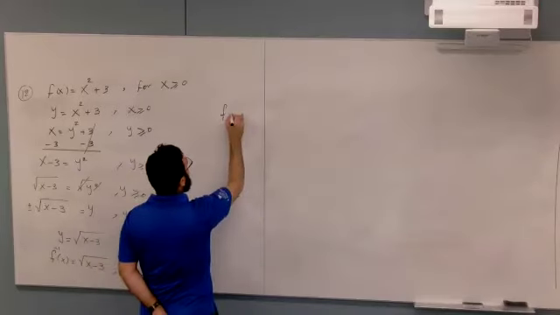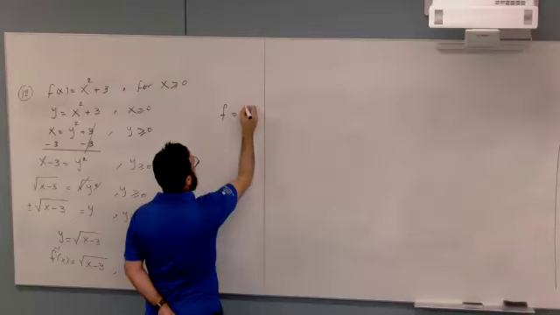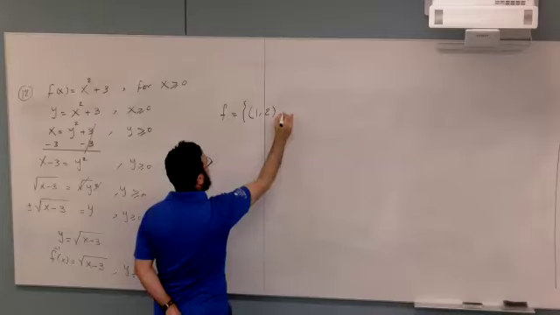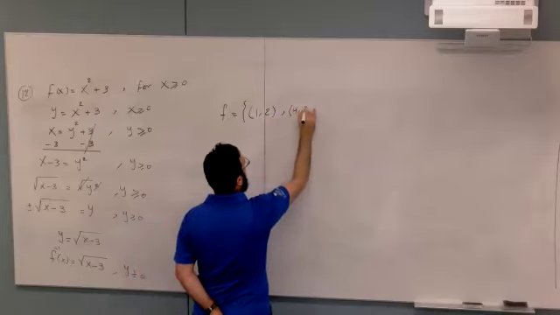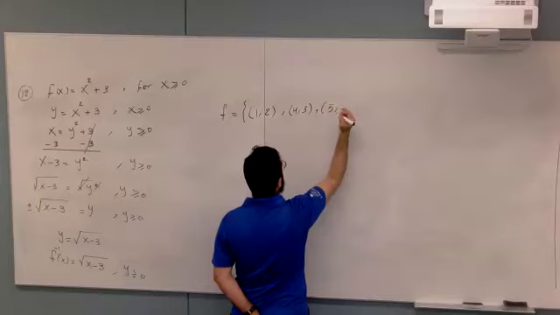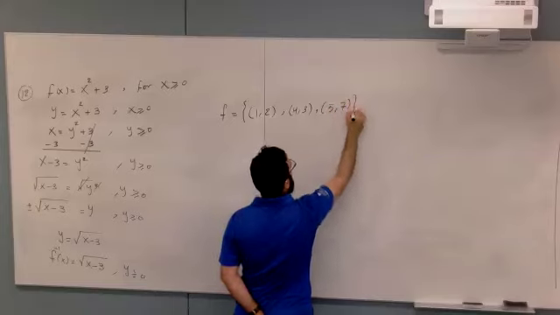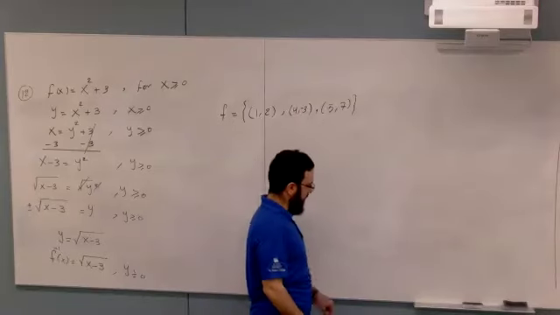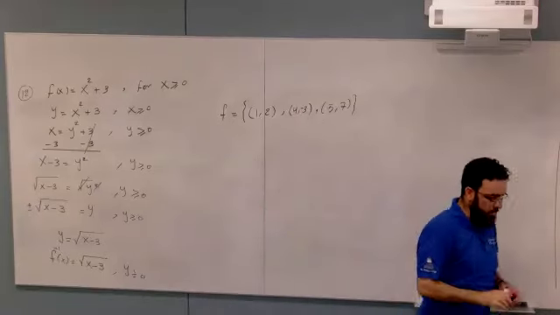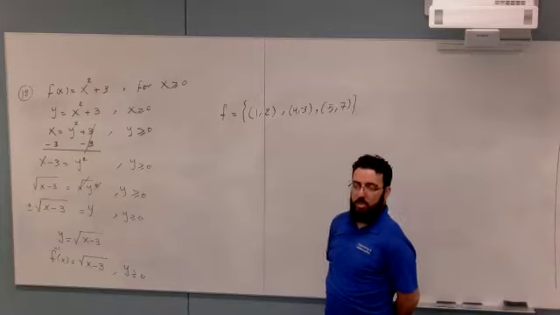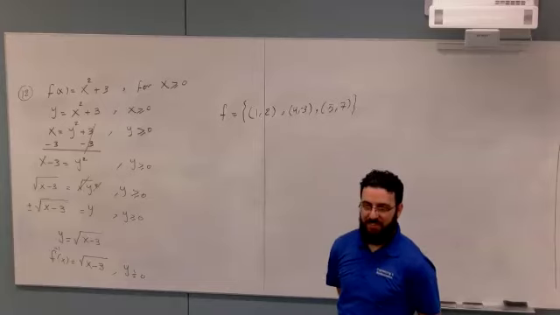If I gave you the function f equal to (1, 2), (4, 3), (5, 7), let's make it -3 here. If I give you this function, how much is going to be the inverse?